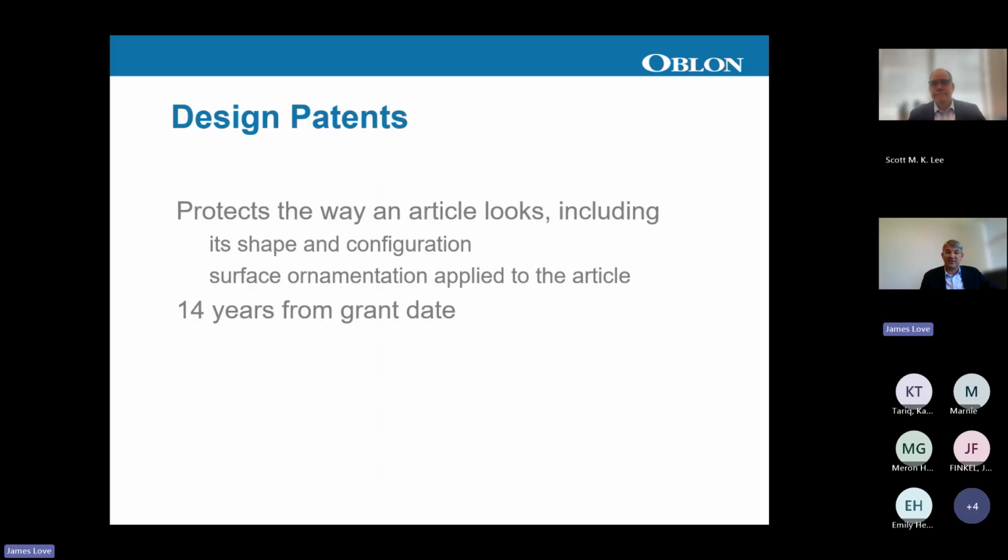So you can protect that with design patents. And I will just say that design patents are actually often easier to obtain. It's a lot cheaper process, it's quicker. So a lot of people like to get design patents because it can be a good option, especially if utility patents are just too much money, or it's going to take a long time.